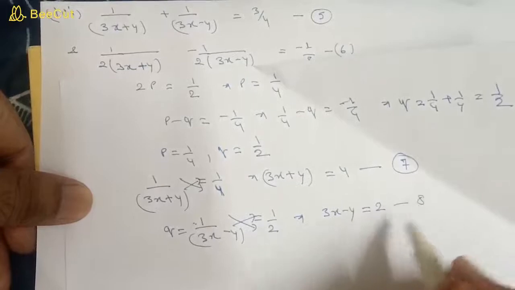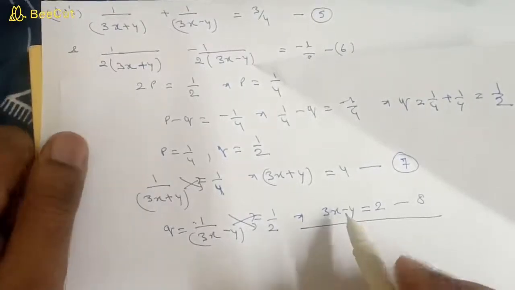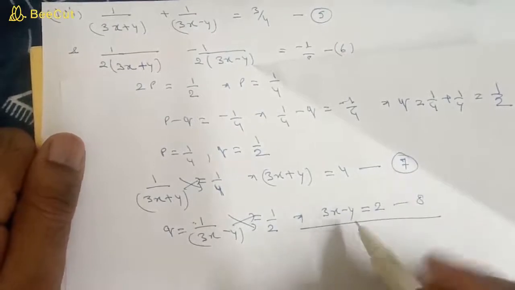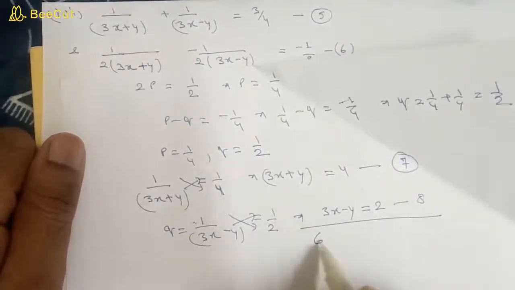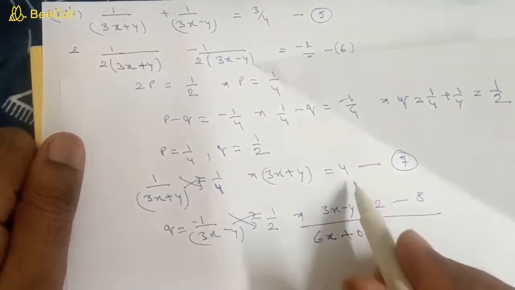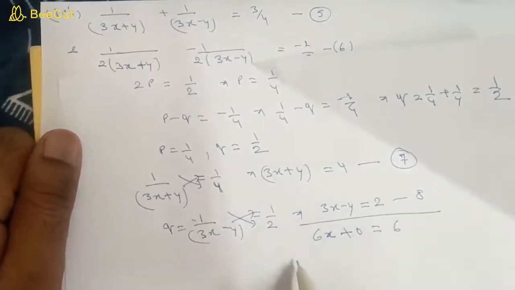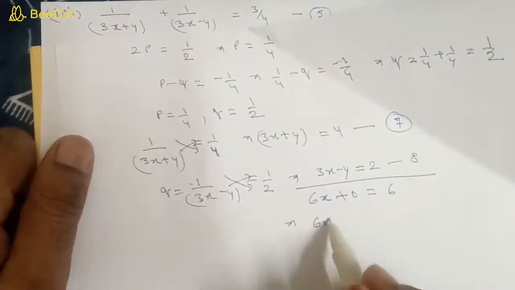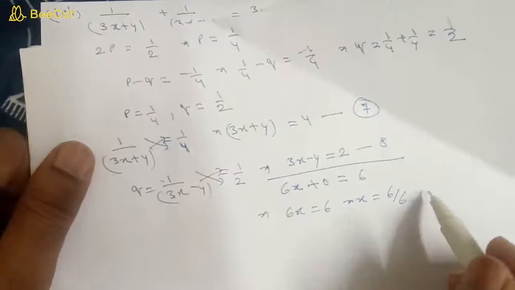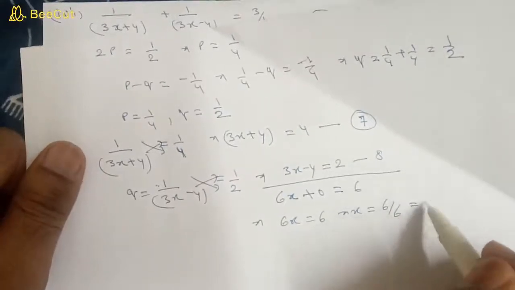This is equation number 8. So we again got a pair of linear equations. If we add equations 7 and 8, then we will get 3x plus 3x is equal to 6x, plus y minus y is equal to 0, is equal to 4 plus 2 is equal to 6. So we got 6x is equal to 6. So x is equal to 6 by 6 is equal to 1.